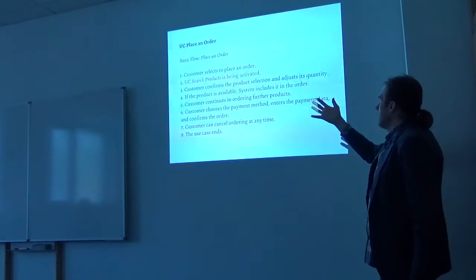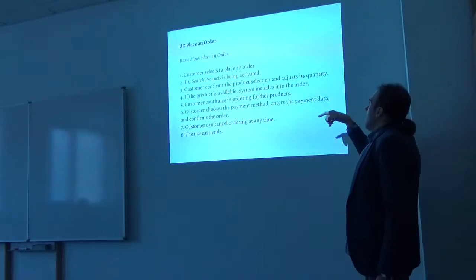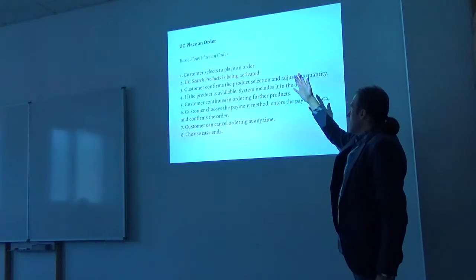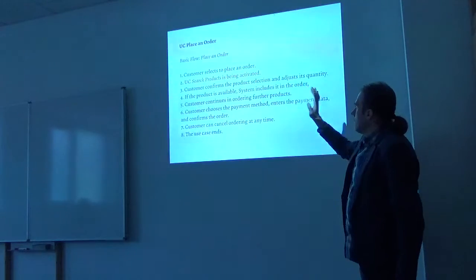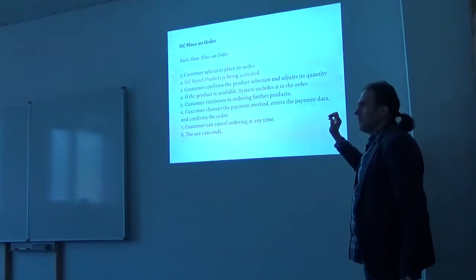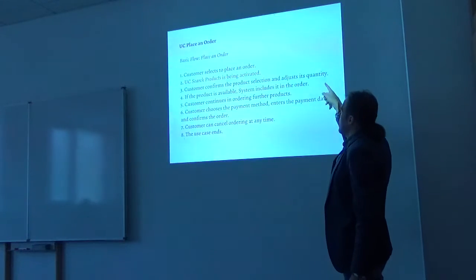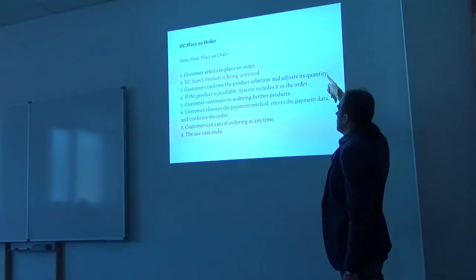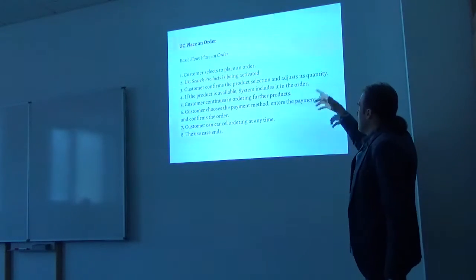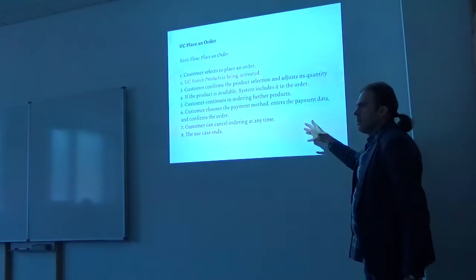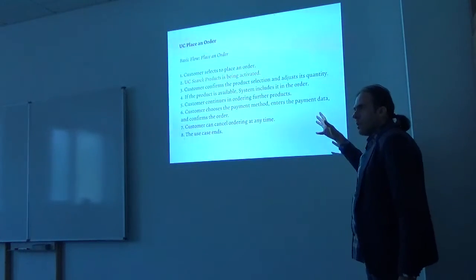For the time being we are focusing on this use case, so we can skip following search products with the client, and just ask whether the customer confirms the product selection. If the product is available, then the system includes it in the order, and so on. Do you imagine the behavior to be like this or not?